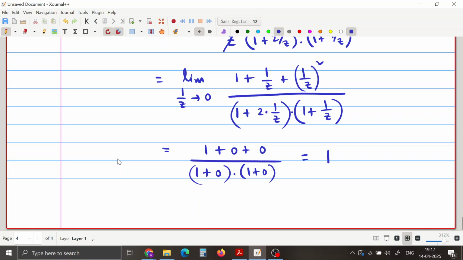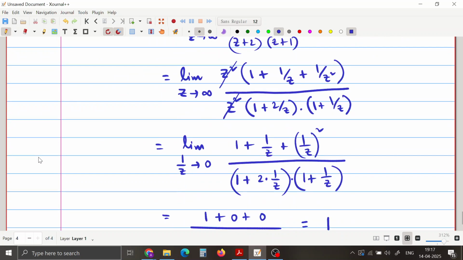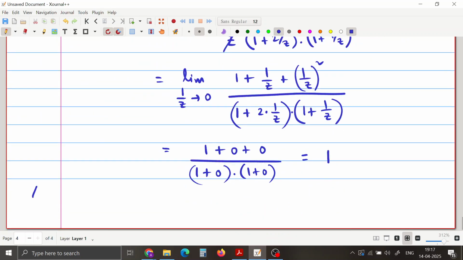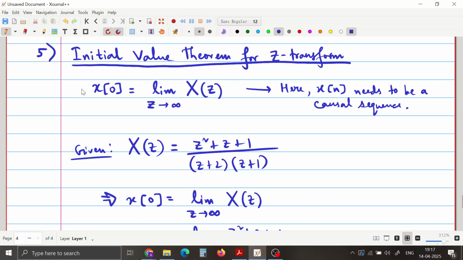So that's the limiting value of x of z as z tends to infinity, which is exactly my x of 0, small x of 0, the initial value of x of n. So the answer is 1. As an exercise, you can assume that it's a causal sequence x of n, and let's say x of n is 0 for all n less than 0.